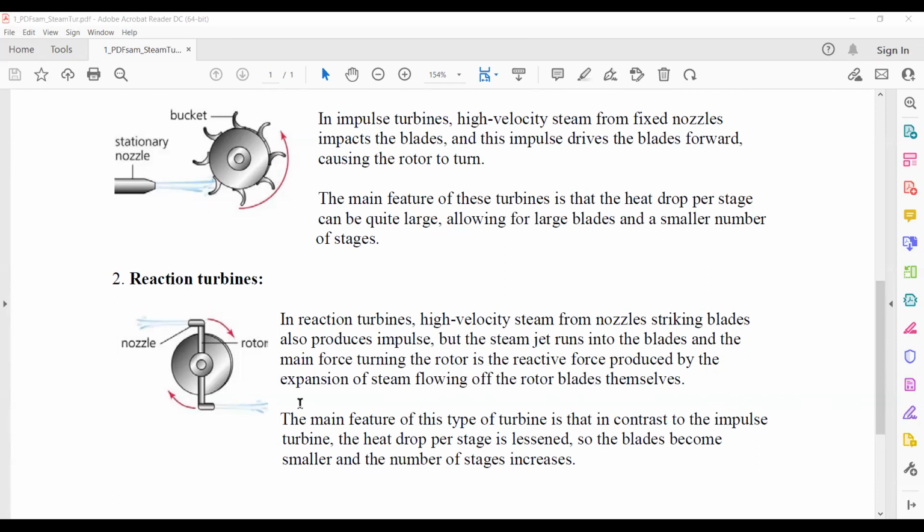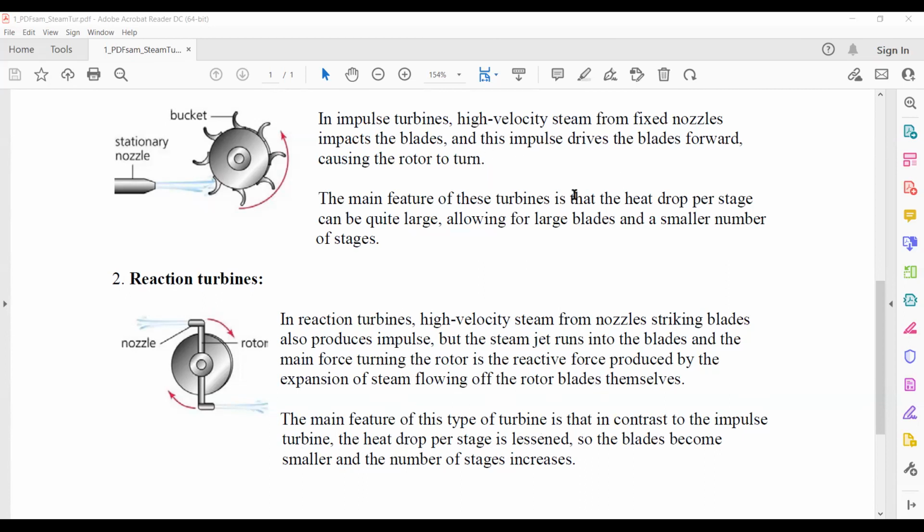Because we know that in the reaction turbine, the steam is continuously expanding within the different stages, and with that expansion the pressure is continuously decreasing. The main feature of this type of turbine is that, in contrast to the impulse turbine, the heat drop per stage is less. So this is the main difference.